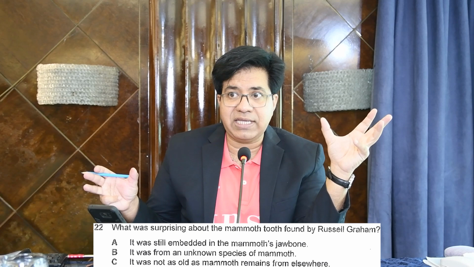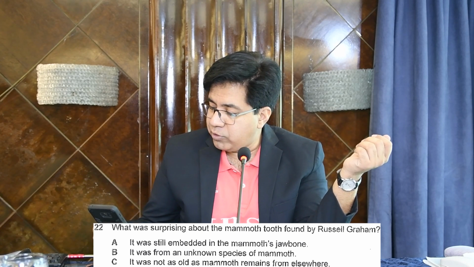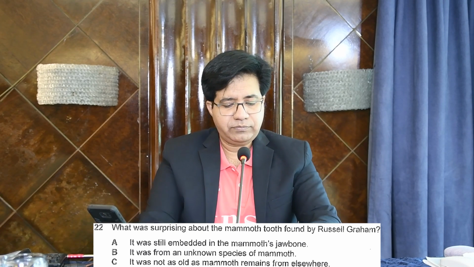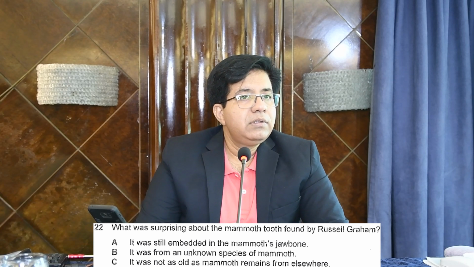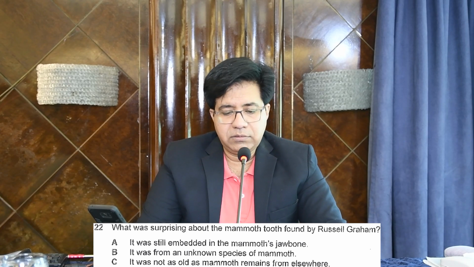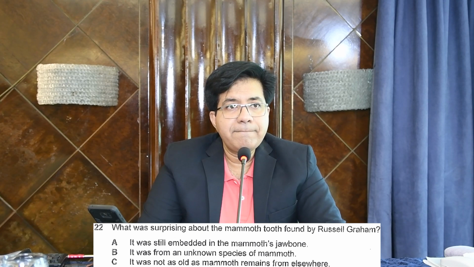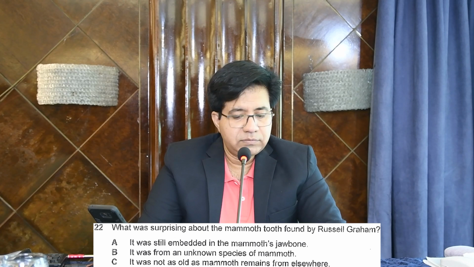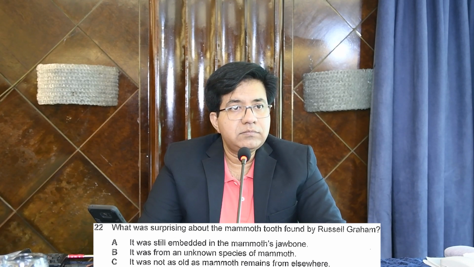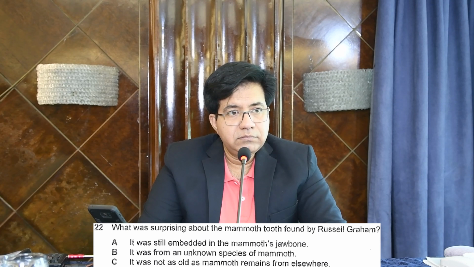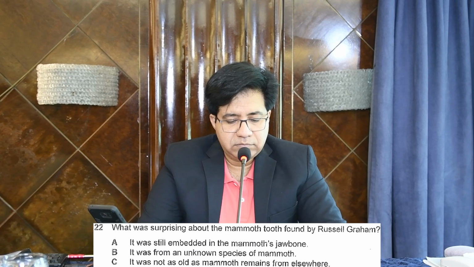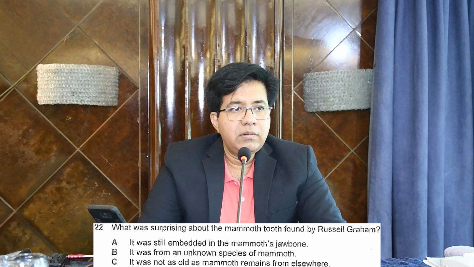For surprising, they will use some phrases and you can understand. Then you're describing the discovery of the mammoth tooth on St. Paul's Island in Alaska and why it was significant. Yes, the tooth was found by a man called Russell Graham. He picked it up from under a rock in a cave. He knew it was special. For a start, it was in really good condition, as if it had been just extracted from the animal's jawbone.